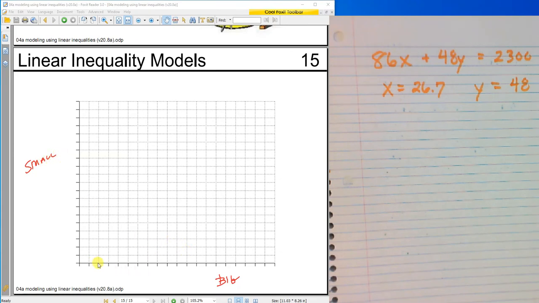So 2, 4, 6, 8, 10, 12, 14, 16, 18, 20, 22, 24, 26. It's actually right about 26. Let's put it right about there. There's my big. Small needs to get up to 48. 5, 10, 15, 20, 25, 30, 35, 40, 45, 48. I'm going up by 5s. Connecting the dots.